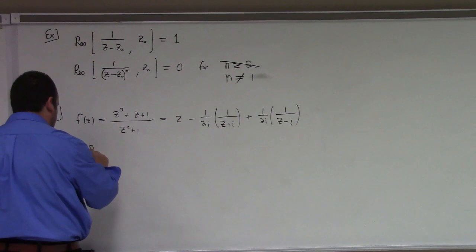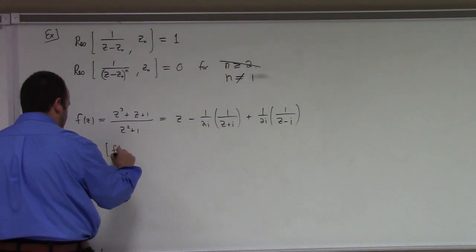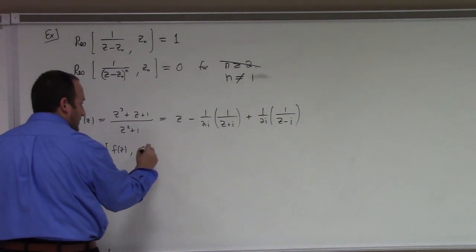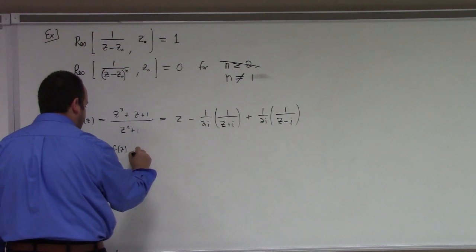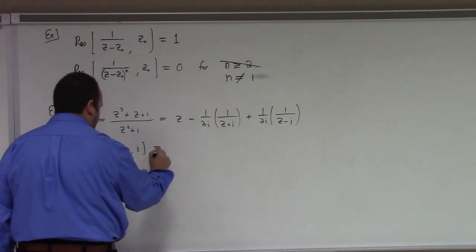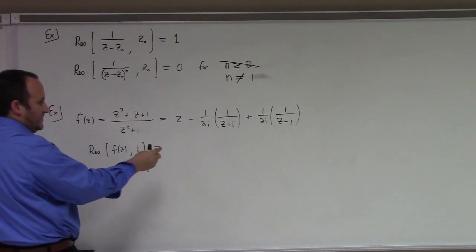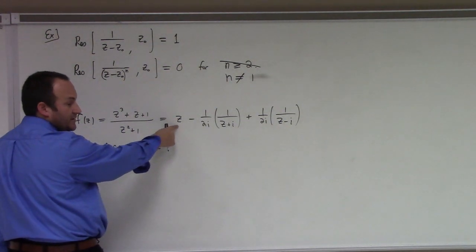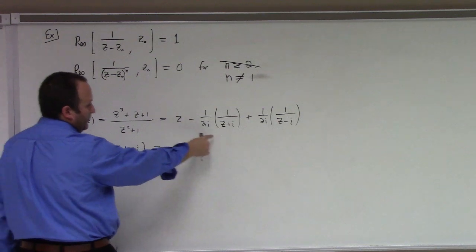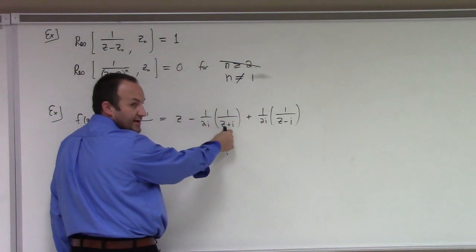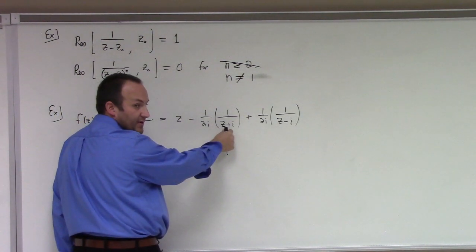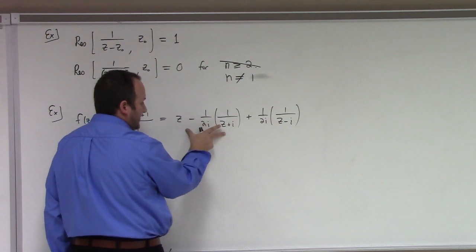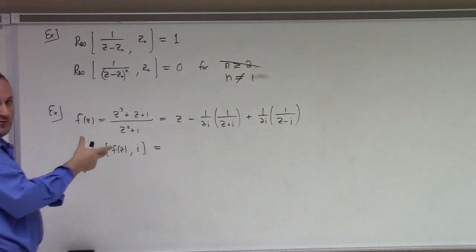The residue of f of z here at i is what? So if you look at this at i, 1 over z plus i is holomorphic because when you plug in i, you just get 1 over 2i, right? No problem there. So these can both be expanded as a Taylor series at that point.